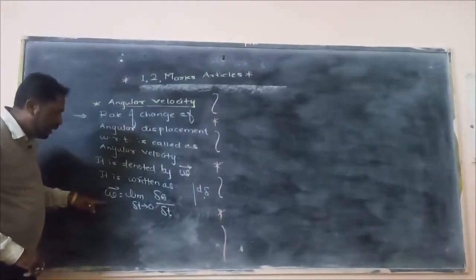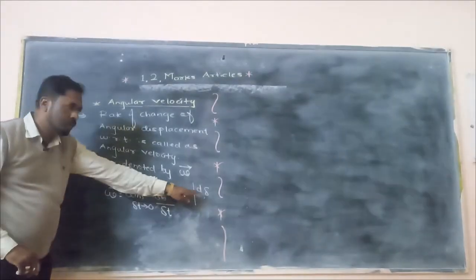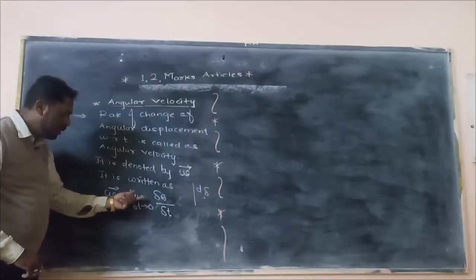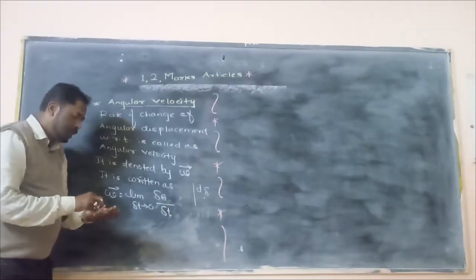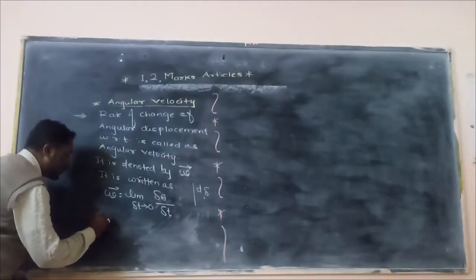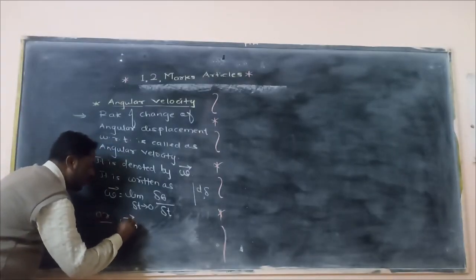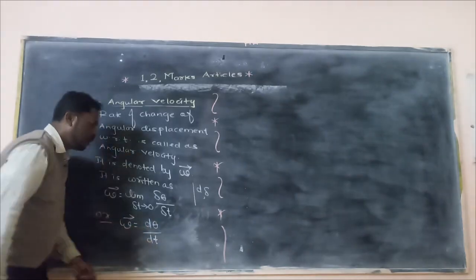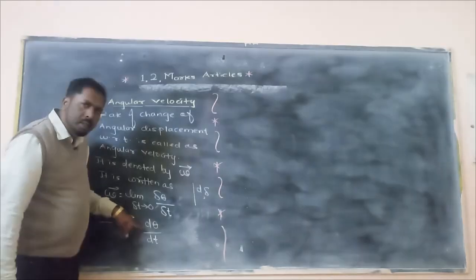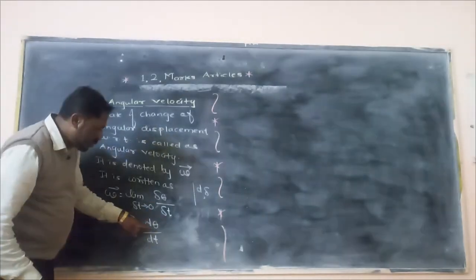If you are writing in the form of limit, you can write in this way, that is in the form of delta. Omega is equal to limit delta t tends to 0 delta theta upon delta t, or you can write also in the form of d, that is omega is equal to d theta by dt. Again, what does the factor d stand for? D also stands for change. What is going to change?